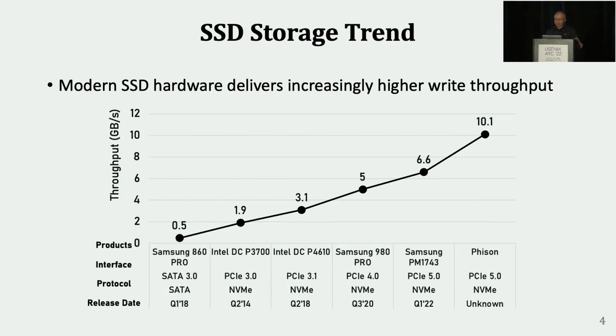So with the modern SSD continuously providing high write throughput, as indicated in the figure here, a single SSD is poised to provide more than 10 gigabytes per second write throughput. The question is, can the latest MD keep up with this pace?